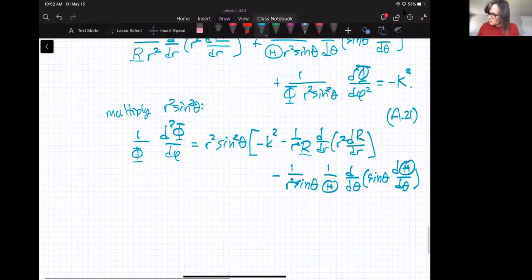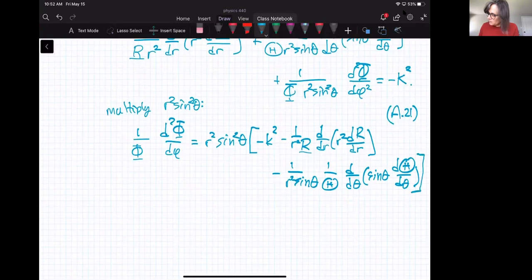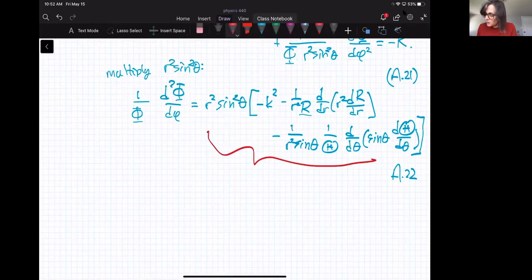All right, so that's all a mess, except that all of that doesn't depend on phi, right? And that's our goal. So we can set this equal to minus m squared. Again, that means that the azimuthal angular dependence becomes rather straightforward. It becomes a cosine sine term.